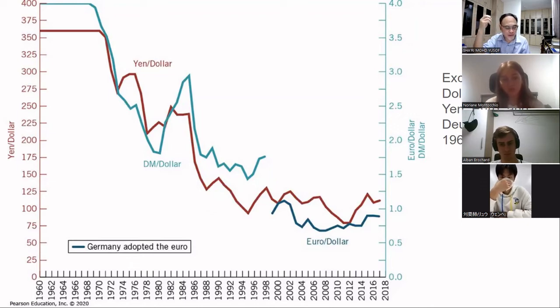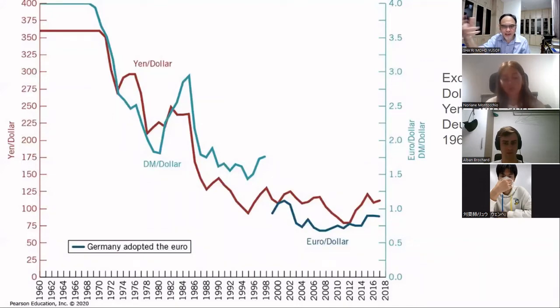For example, the yen today has reduced in value quite sharply against the dollar. So what is happening to their exports and imports? Is it cheaper to import?